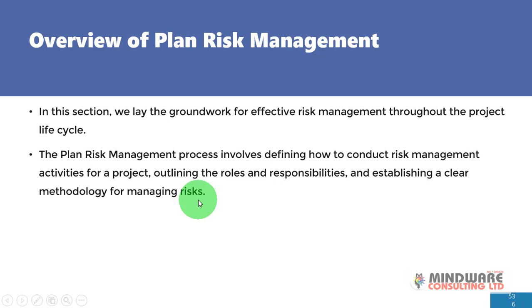So it has to do with defining how to conduct the risk management activity, what activity we'll be engaging in as far as this particular project is concerned. And then we're also going to be outlining the roles and responsibilities. Who is going to do what in terms of managing the risks inherent in a project, and then establishing a methodology for the process.